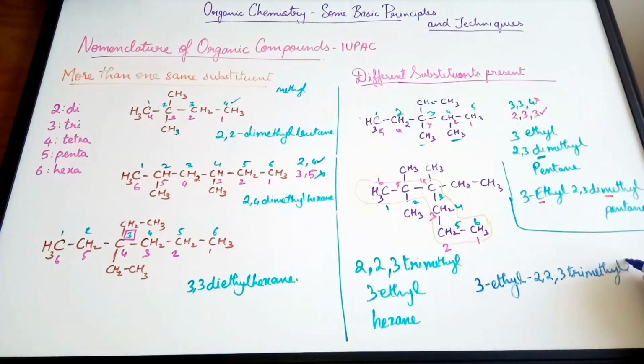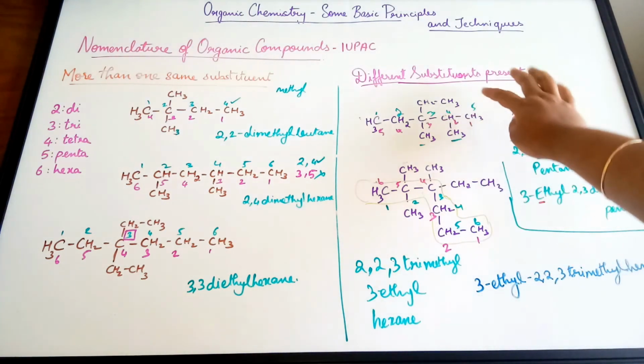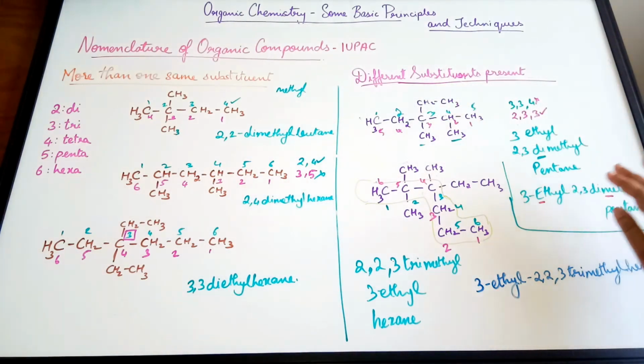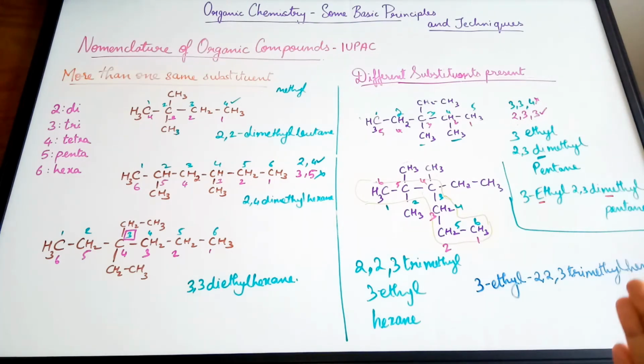Actually, let me just write here. So when we have multiple substituents or different substituents present, they're numbered in such a way that they follow the first point of difference rule, and they are written in the compound in alphabetical order. For example, had there been a propyl group here, actually then technically the chain length would have changed, but assume that you have a methyl and a propyl group in the chain. Then the methyl group will be written first, and then you'll be writing the propyl group.